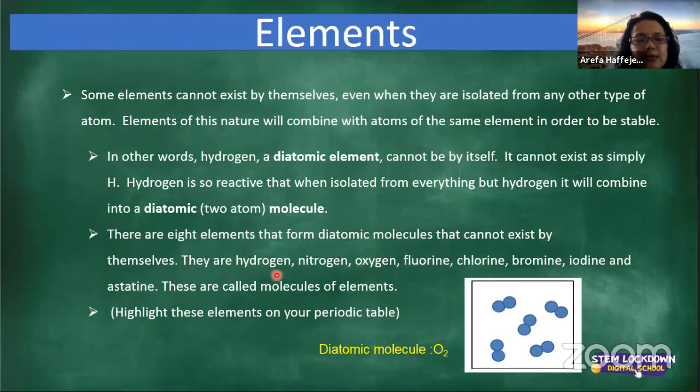So these elements that are diatomic are hydrogen, nitrogen, oxygen, fluorine, chlorine, bromine, iodine, and acetylene. Okay, so they cannot exist by themselves. So this is an example of a diatomic oxygen molecule.